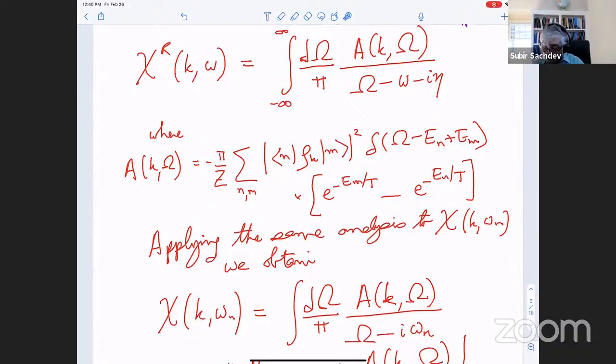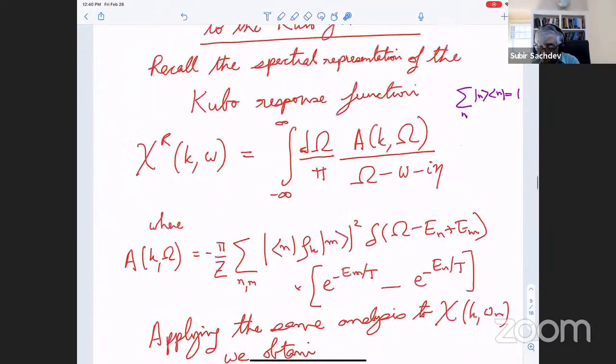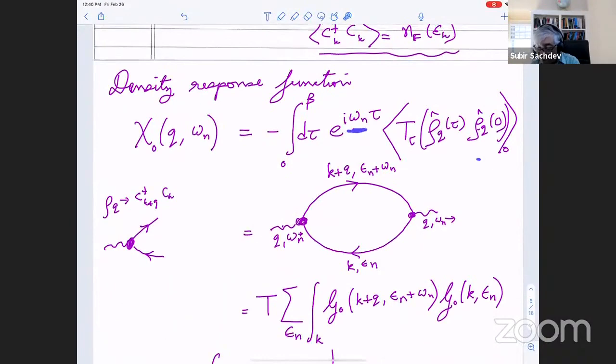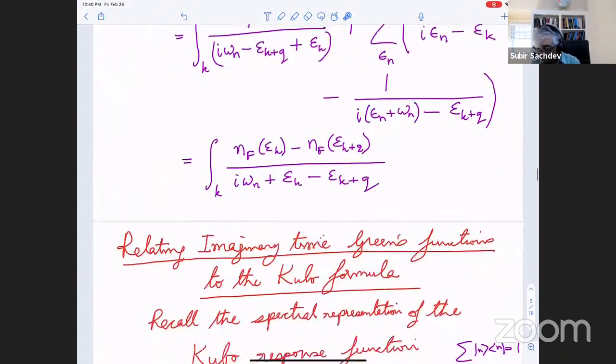And you have to remember that this actually only works at these Matsubara frequencies. At other frequencies, that expression is something else. This thing is only well defined when this is an even Matsubara frequency.